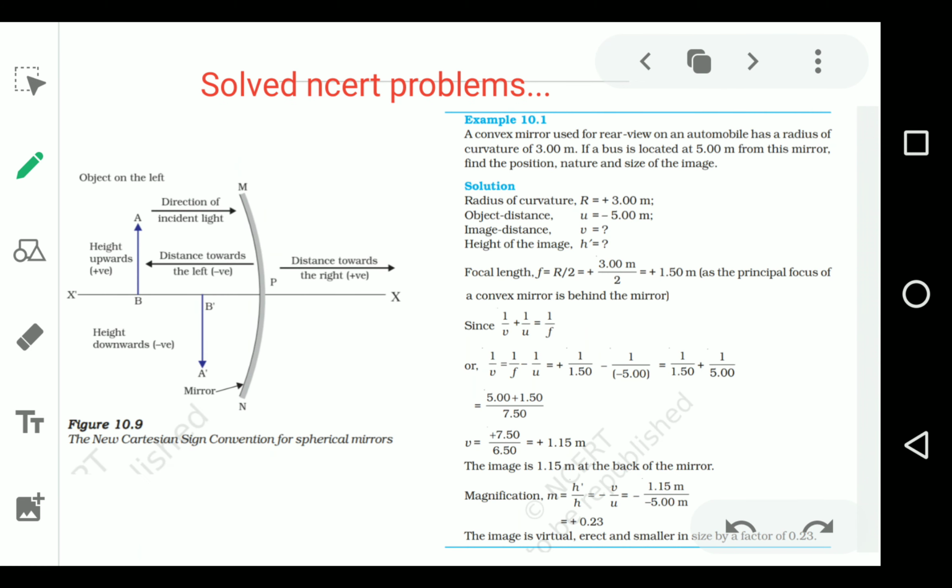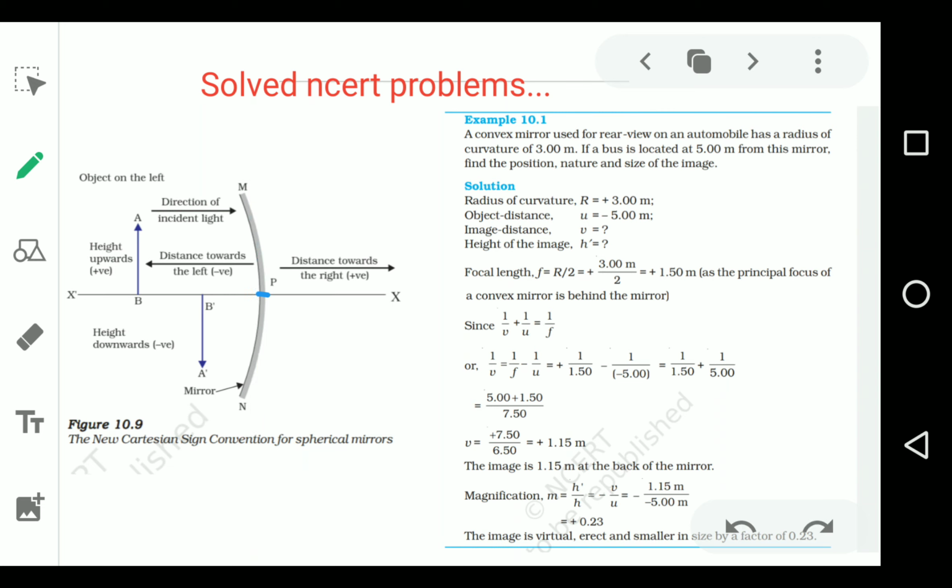Next are some NCERT problems. Before doing NCERT problems, you should learn by heart all the sign conventions for object distance, image distance, and focal length. Suppose the mirror is placed here, and the imaginary x-axis passes through the pole. This is the horizontal x-axis and this is the vertical y dash.